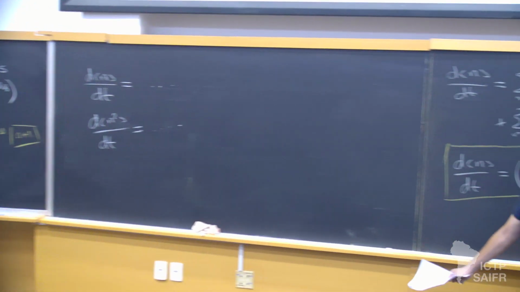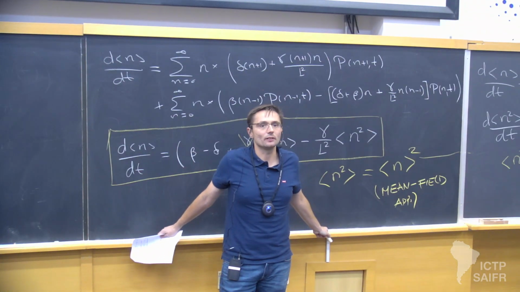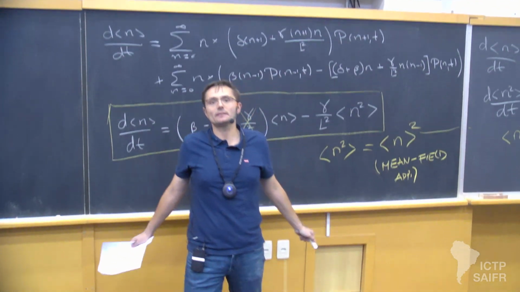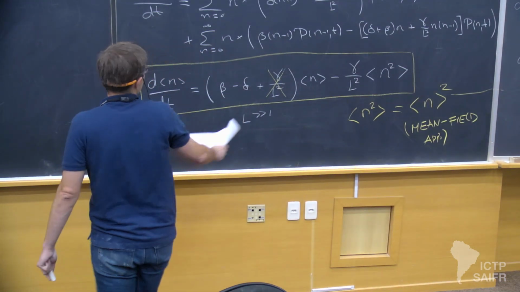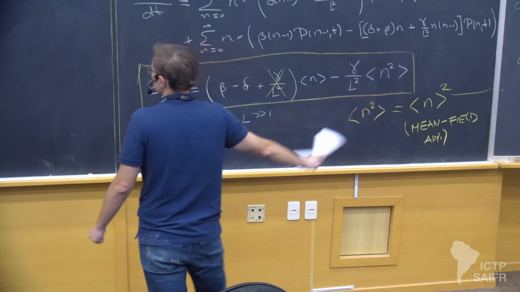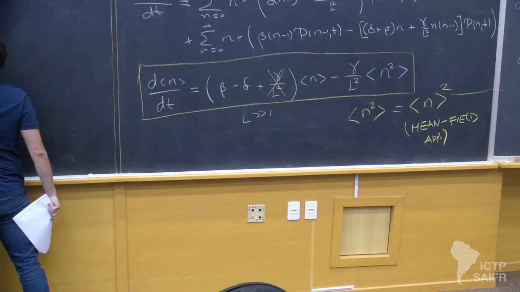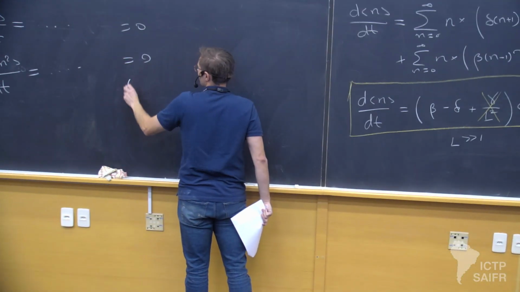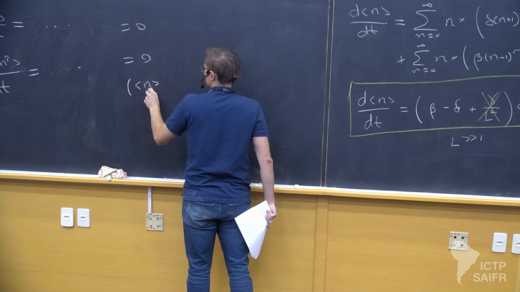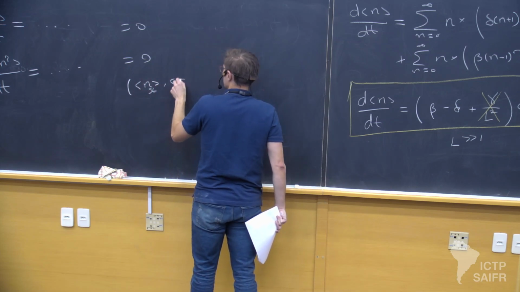How many of you have taken nonlinear dynamics courses? I guess not many of you. Okay, but I can basically do the same I did with one single differential equation, but with two. I find the fixed points that now, of course, are going to be a pair for the mean value and the second moment.